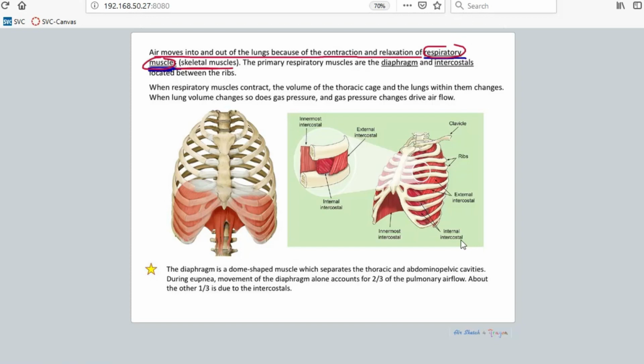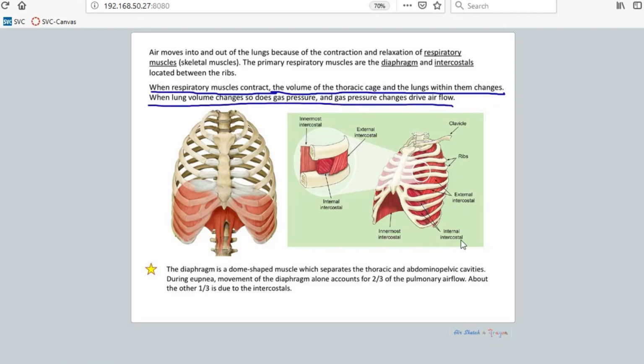The primary respiratory muscle is the diaphragm, but we also have the intercostals, the skeletal muscles that we find in between the ribs here. And basically, when these respiratory muscles contract, the volume of the thoracic cage, and the lungs along with it, is going to change. And when lung volume changes, gas pressure changes, and gas pressure changes drive airflow.